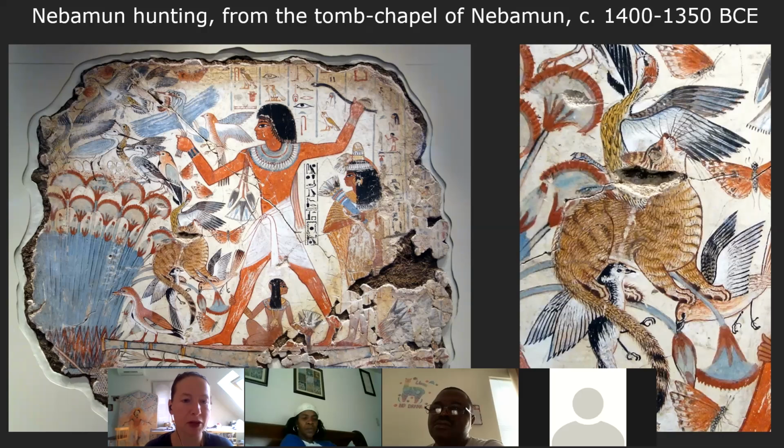He's also here enjoying a hunt, which wouldn't be necessarily for survival, but it would be for pleasure and for pastime, like you go hunting as a fun activity. And this is his wife over here next to him, as well as his daughter over here holding onto the leg over here.